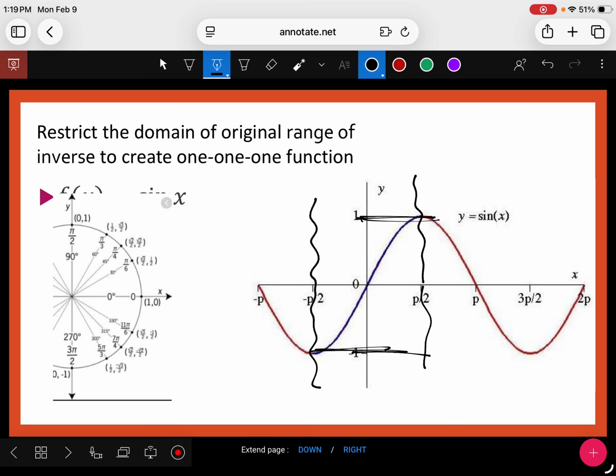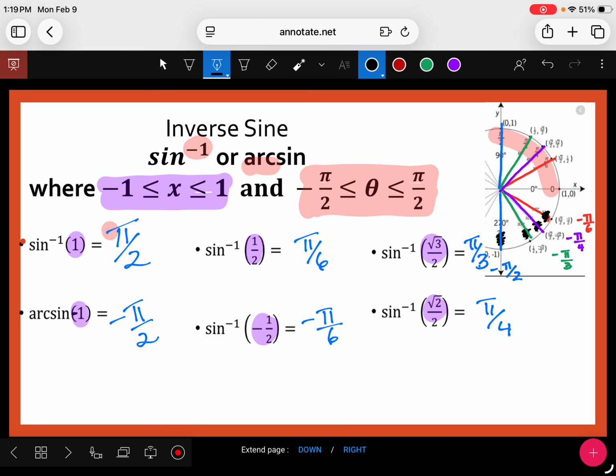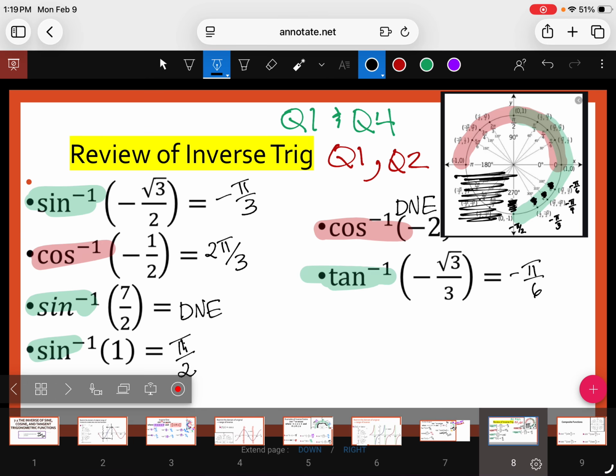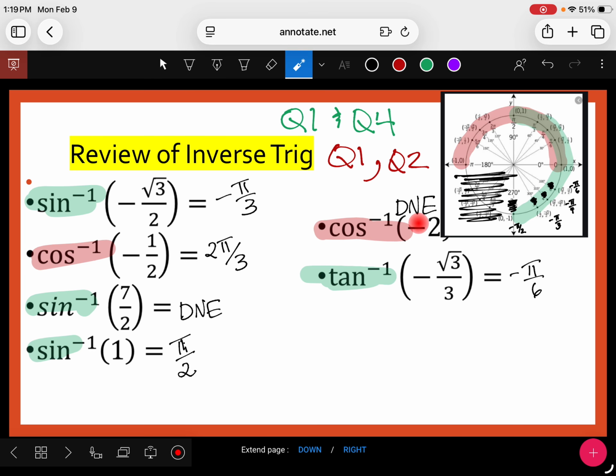So if you don't have a number between negative 1 and 1, it's D and E. Even though you can't use your calculator, if you were to type in the sine of 7 over 2, it's going to tell you it does not exist. The inverse sine of 1 is positive pi over 2. Same reason, cosine, just like sine, it cannot be less than negative 1. That's D and E. And then this one would be negative pi over 6.